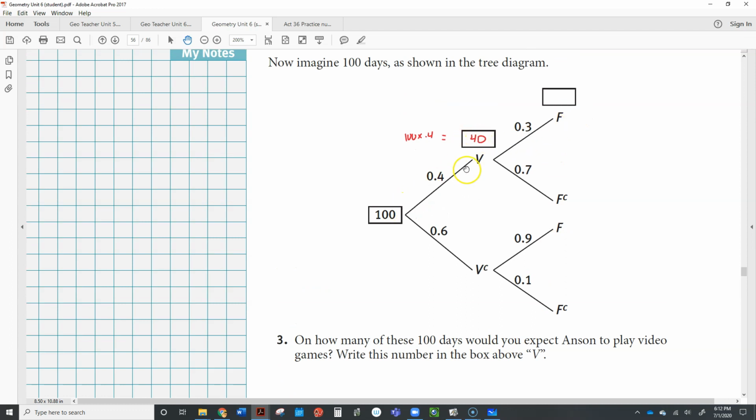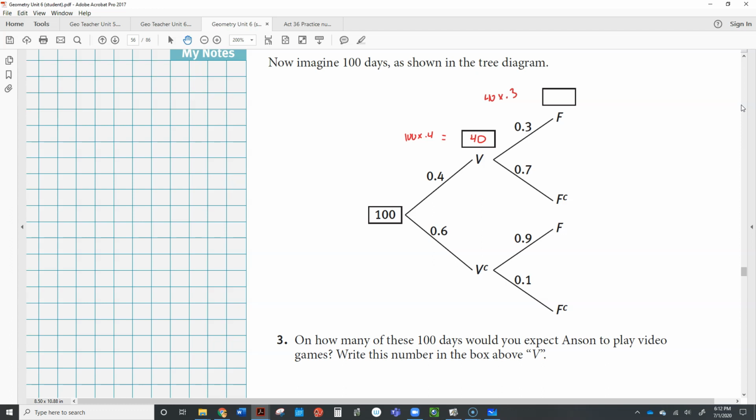Okay, so he's already played the video games, so now the second condition is going in, and we're going to do it the same way. Of those 40 days, how many of those did he actually connect with friends? So what do we want to do? We want to take 40 and multiply it times the probability that he's connected with this friend.